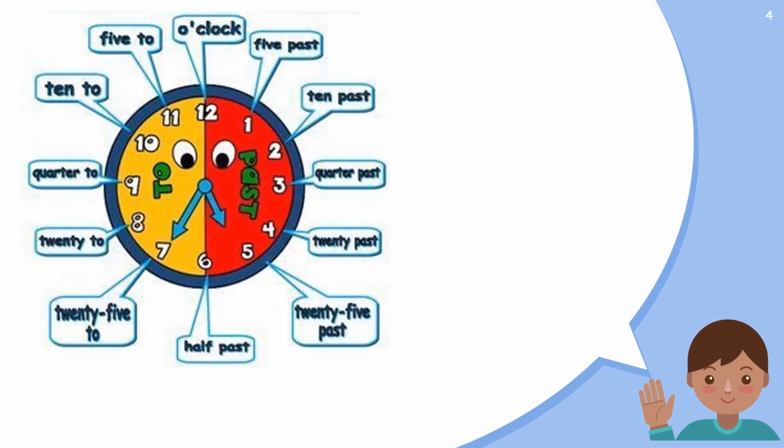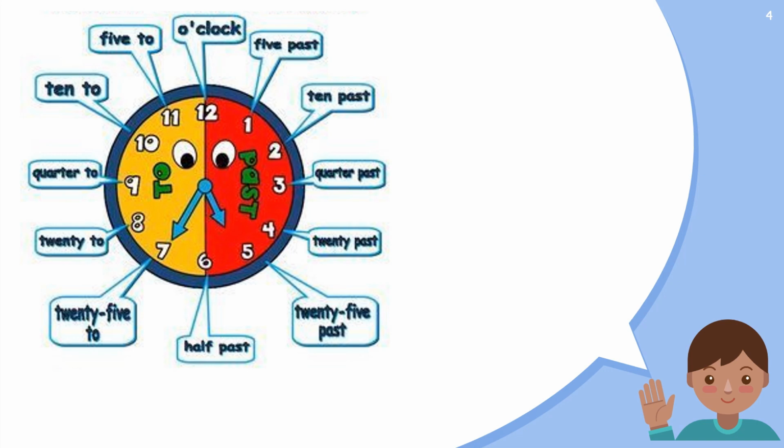Okay, we go to the next part. You will see the analog clock again. There are two areas in the analog clock, past and to. The past area starts from 12 until 6. You can see the red part in the picture.